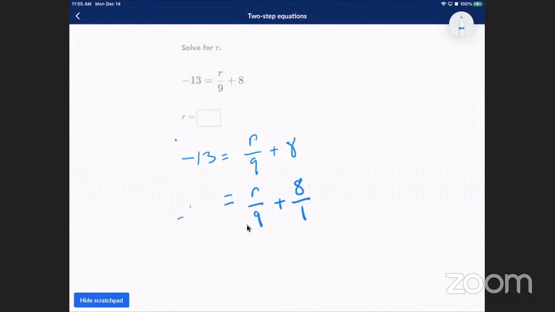And then it's still equals 13. And then I try to get 9 on both sides, right? So 1 times 9 is 9, and 9 times 8 is 72. So then we would end up with this new expression, which would be r plus 72 over 9.